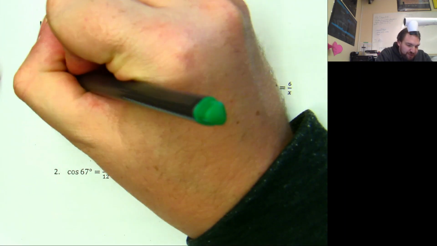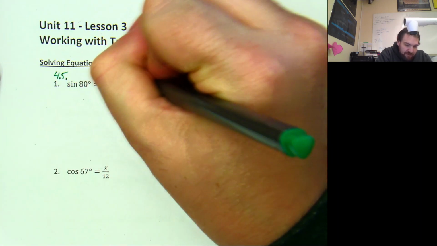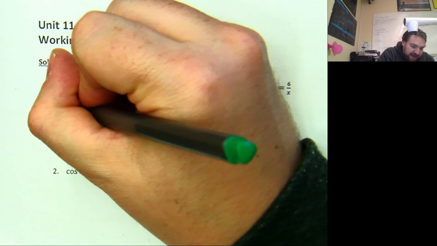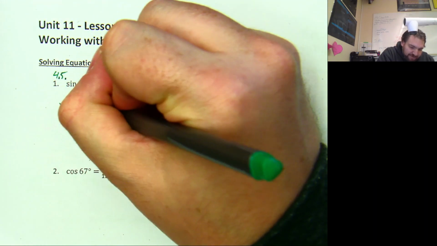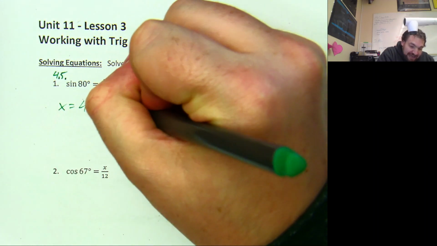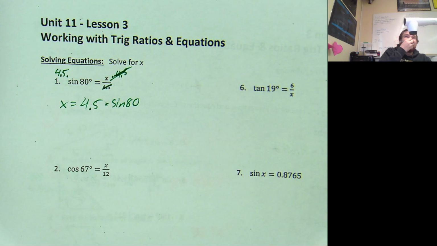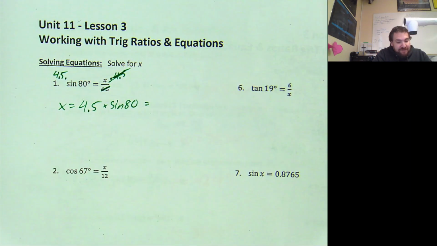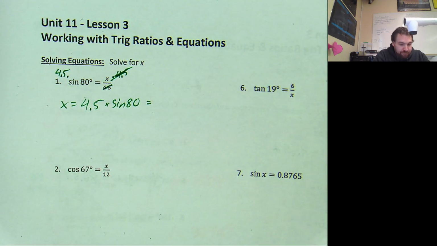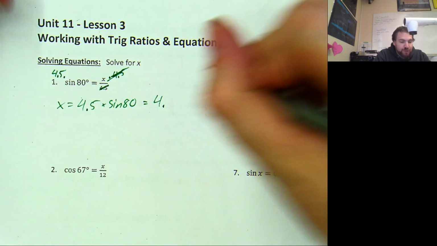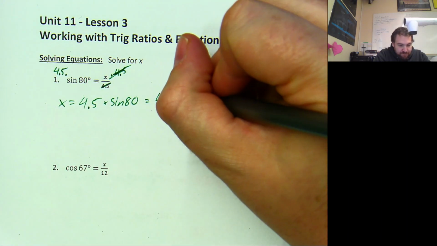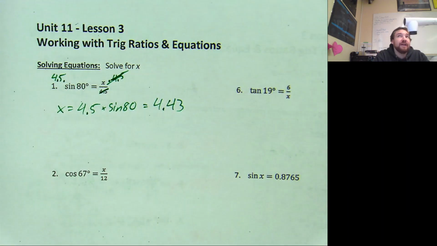So the first thing you want to do is multiply both sides by 4.5. It cancels on that side, and then we get x equals 4.5 times sine 80, and then this can get shoved into your calculator. What is 4.5 times sine 80? 4.431. 2 decimal places, 4.43. Can someone verify that that is correct? Okay.